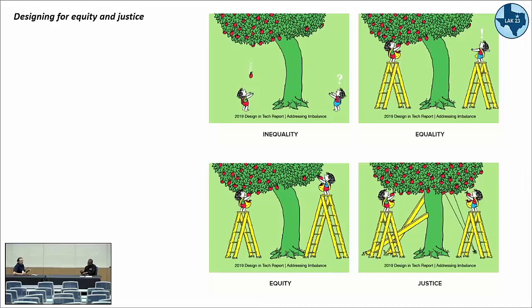When we have equity, we start to address the actual problems, but when we really need to get to the point of justice, and if any of you were in the LAK conference last year, justice was one of the key terms, and one of the keynote speakers was talking about justice.